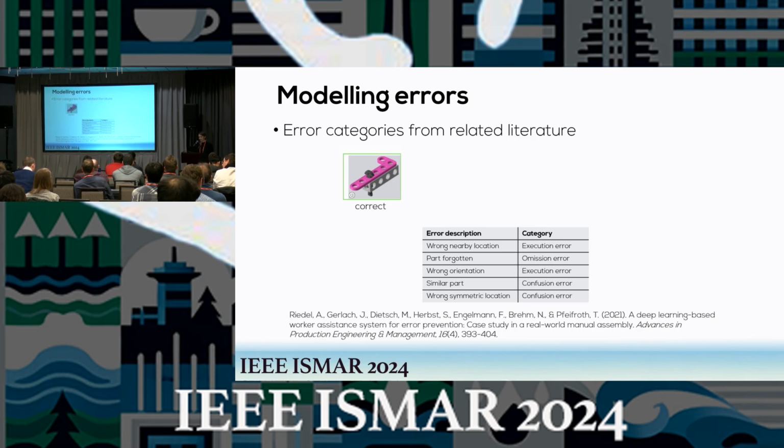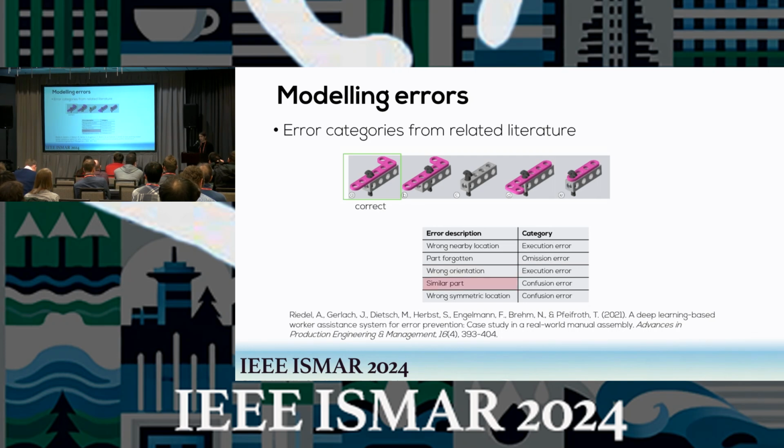Example errors would be like this: the dark gray pin can be mounted at the wrong location, or for example, the pink part could be omitted. The pink part could be in the wrong pose, so it could be rotated by, for example, 180 degrees, and this would be a wrong orientation error. The pink part could be mistaken for another similar part, and it could also be, for example, flipped because the object looks symmetric. We consider these categories of errors and call them plausible errors that could happen during assembly.